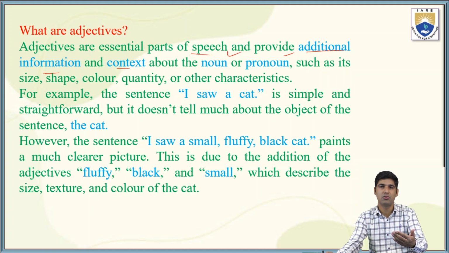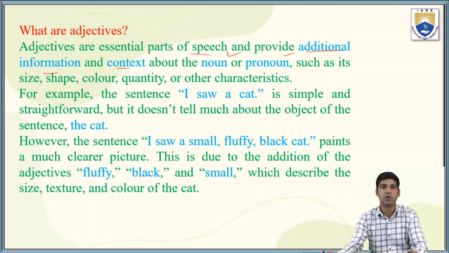As you all must know, adjectives are noun or pronoun describing words. We also call them the words which show us the quality of a noun or pronoun. So that's what I'm telling you in a different way.